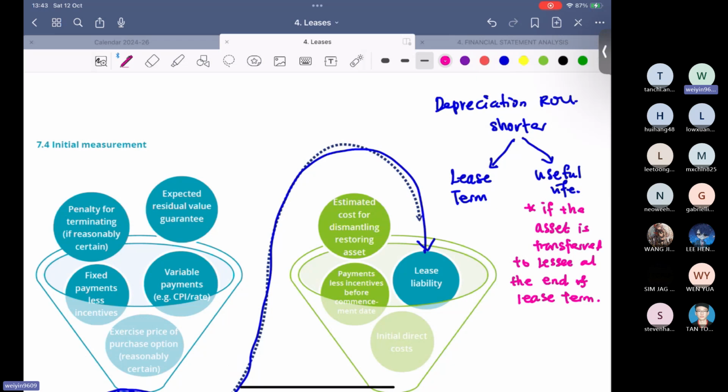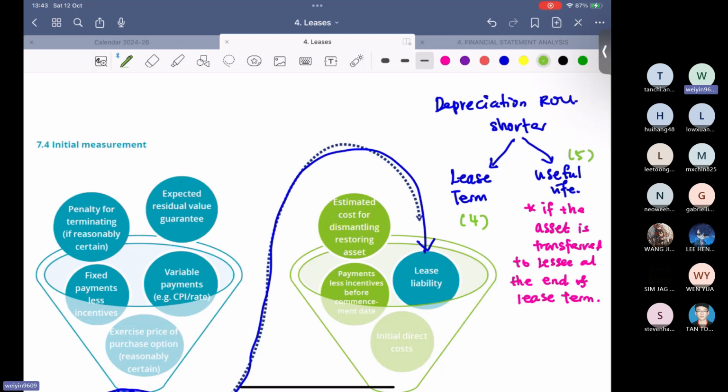So meaning that, for example, if my lease term is 4 years, my useful life is 5 years. All right. So my depreciation is over 4 years because this is the earliest, this is the shorter compared to the useful life.